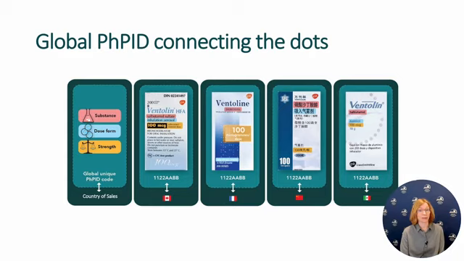The level of detail on the package may also differ, as in this example where both salbutamol and salbutamol sulfate is used on the package. Products in this example do contain the same active ingredient, and they have the same pharmaceutical dose form and strength.